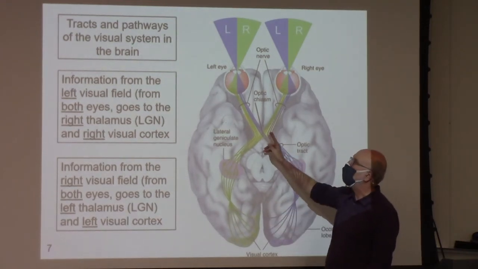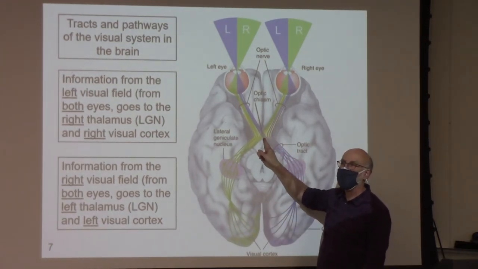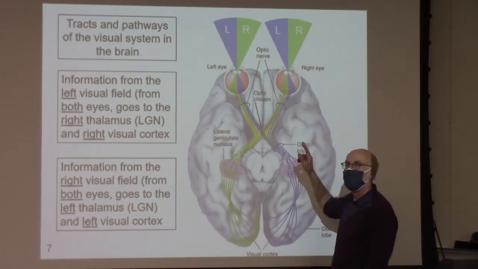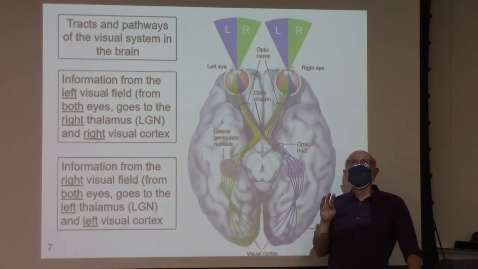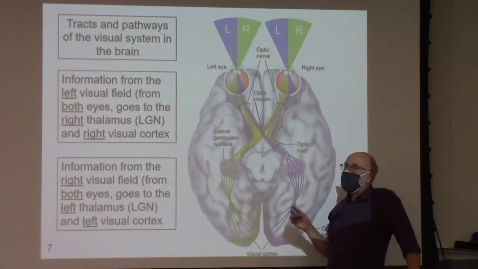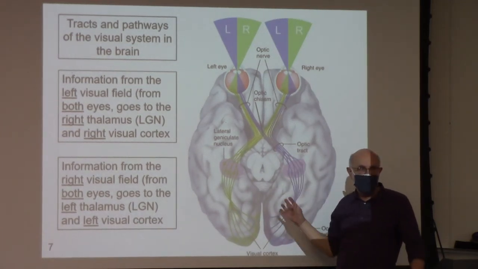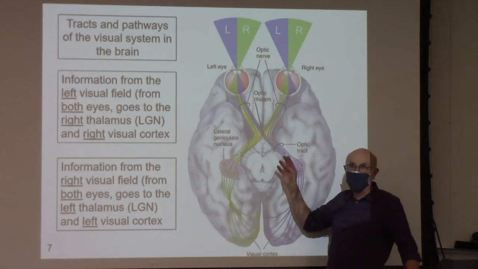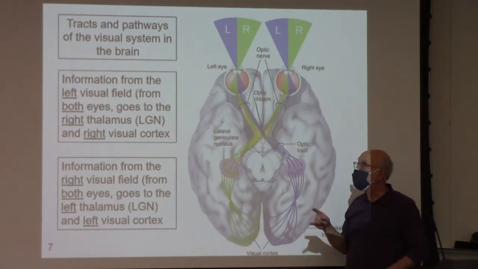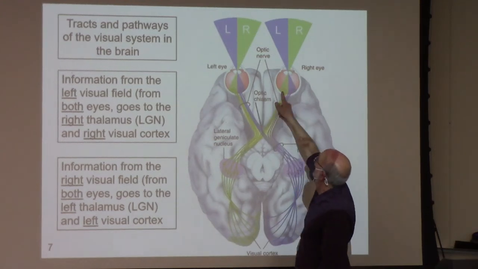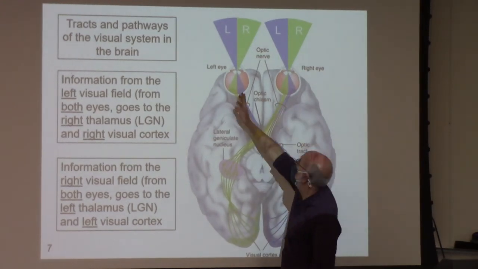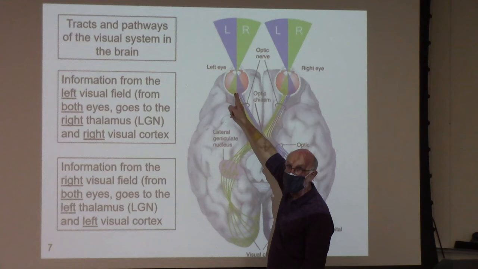There's an interesting thing that happens here in the optic chiasm. Watch what happens here. So in the optic chiasm, some of the axons from both eyes cross over. Which ones cross over? It's the ones in the medial part of the retina. So here's the fovea, sort of in the middle.